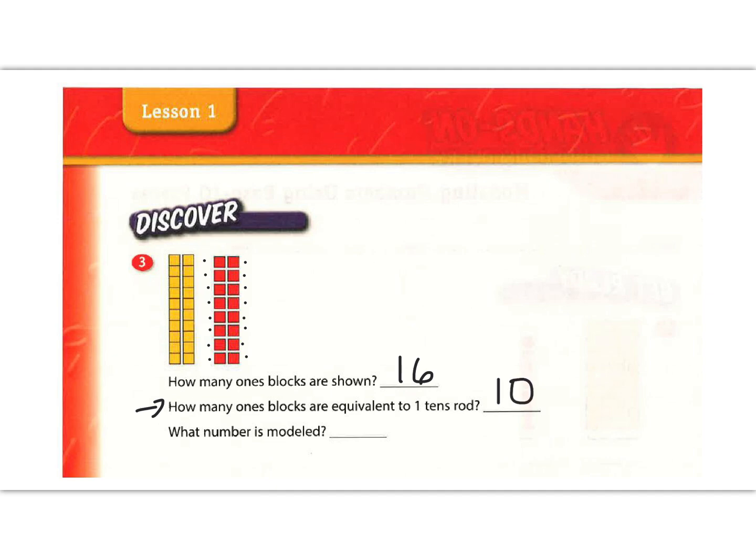So that means that we could take 10 of these and make a tens rod. So if we cross out 10 of these, 1, 2, 3, 4, 5, 6, 7, 8, 9, 10, we'll move that all over to the tens to make a tens rod. So then we would have 10, 20, 30, 31, 32, 33, 34, 35, 36. So that is the number modeled.